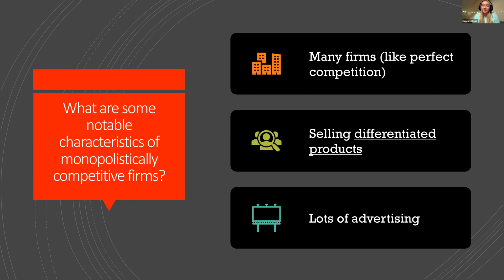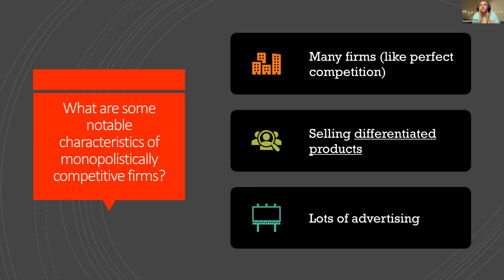So the first question I asked was, what are some notable characteristics of monopolistically competitive firms? I think you could summarize the characteristics into three main points. The first one being that there are many firms in monopolistically competitive settings.